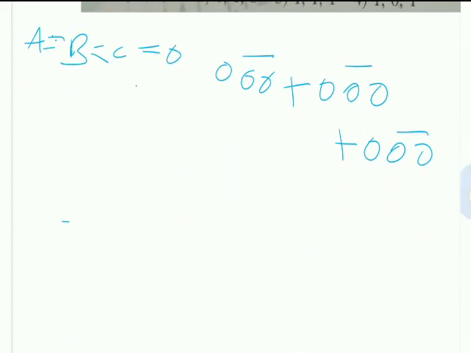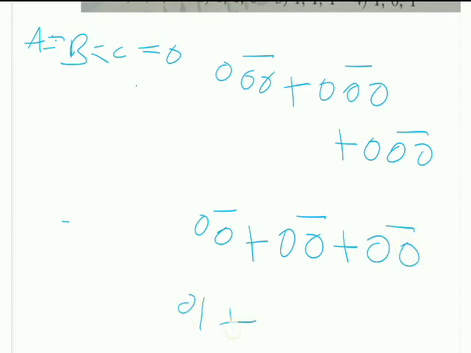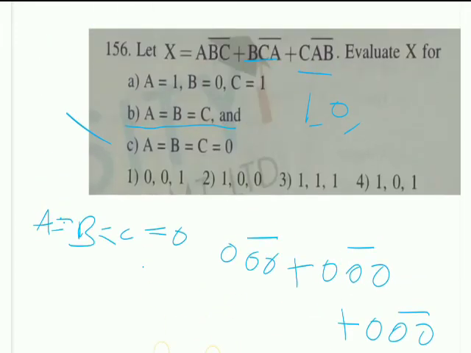So 0 plus 0, 0 0 complement plus 0 0 complement plus 0 0 complement. So 0 1 plus 0 1 plus 0 1 is equal to 0. So third one is 0. Totally 1 0 0. Option 2 is the right answer.